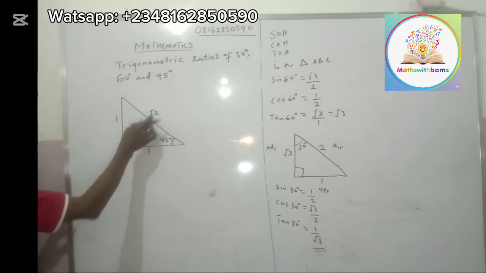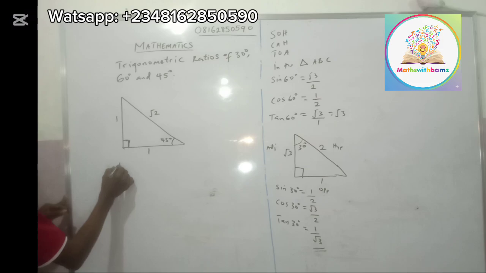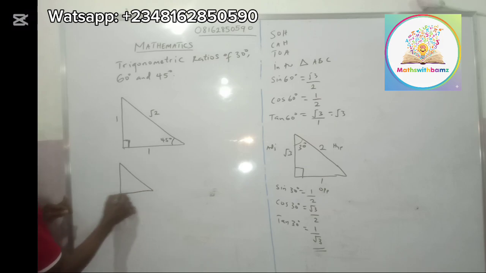Okay, how do we get root 2? So when we have our triangle like this, using our Pythagoras theorem, if here is 1, and here is 1. So what are we going to do? We say hypotenuse squared equals what?